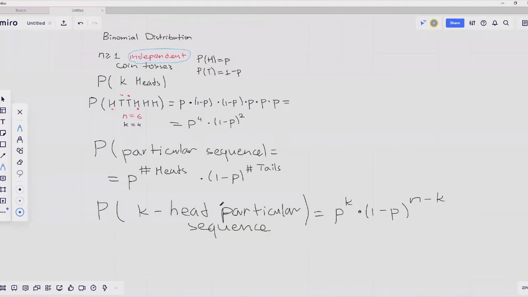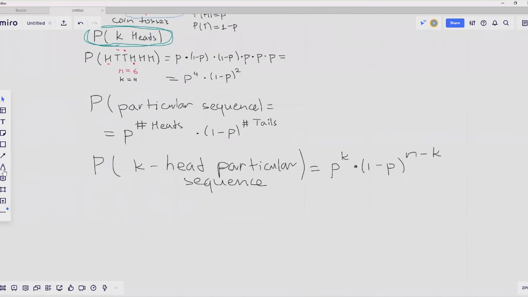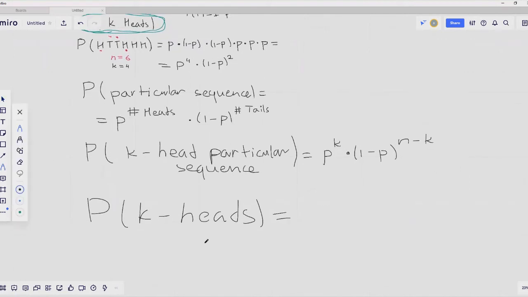Now we are ready to approach our problem of finding probability of k heads occurring in n independent trials. So probability of obtaining k heads is equal to, now the number of sequences where we have k heads is very many.